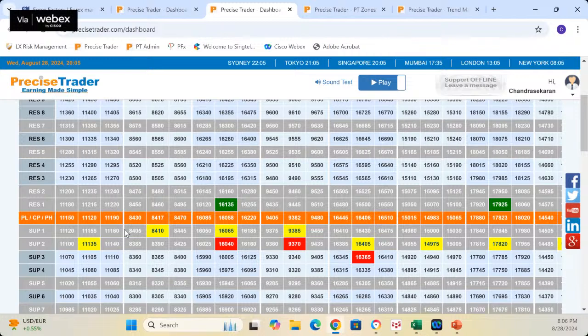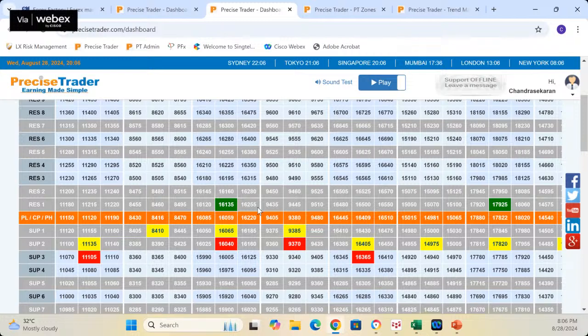At the benchmark level, I will be holding a sell, and I should be taking my profit before 1.11. If this 1.11 breaks, then I see the price moving lower towards 1.1060 and 1.1020. All this information is derived from the system.